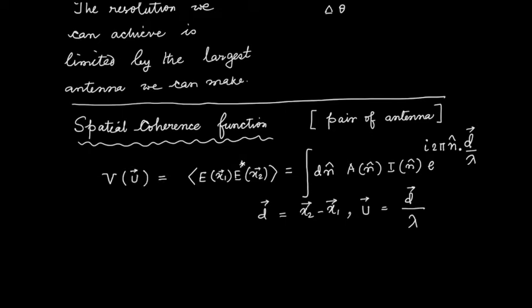We call it V. So V stands for, the spatial coherence function is called visibility. Okay. So u is nothing but the vector d, which is the separation between the physical positions of the two antennas in terms of the observing wavelength lambda.